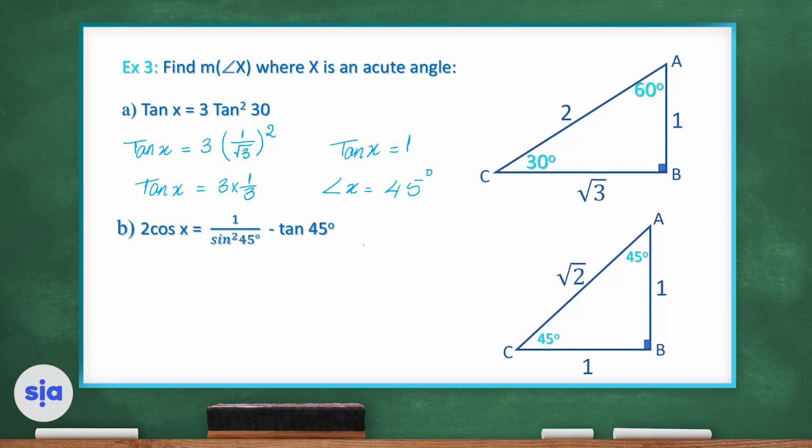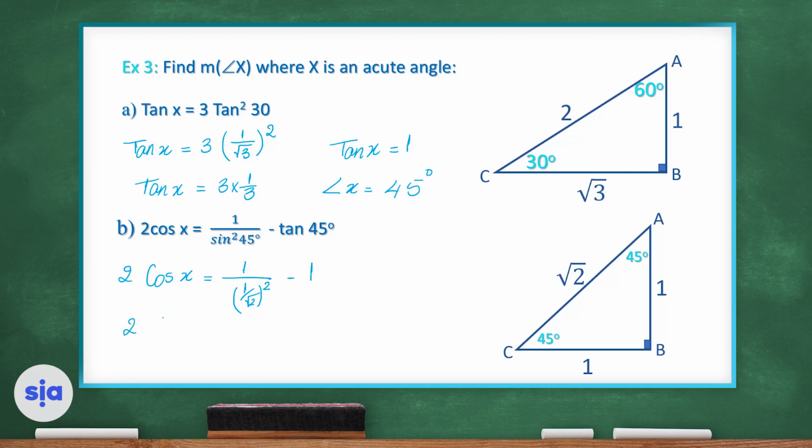Question B. The question says 2 cosine x equals 1 over sine squared 45, minus 1. Sine 45 is 1 over root 2, and here it's all squared.